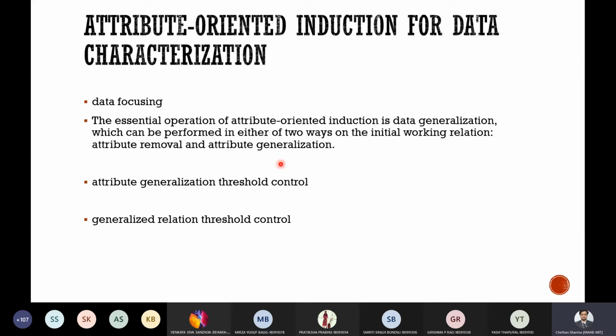So this control of how high an attribute should be generalized is usually subjective, and the control of this process is called attribute generalization control. If the attribute is generalized too high, or if extreme generalization takes place, it may lead to overgeneralization, and the resulting results might not be too informative.